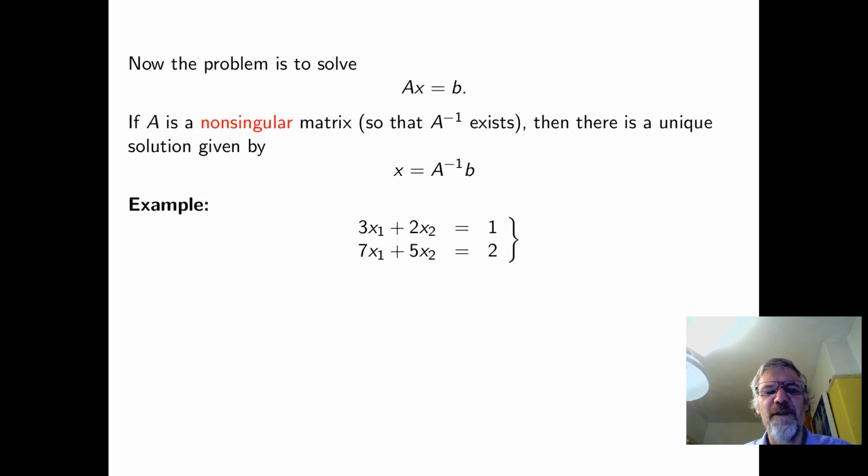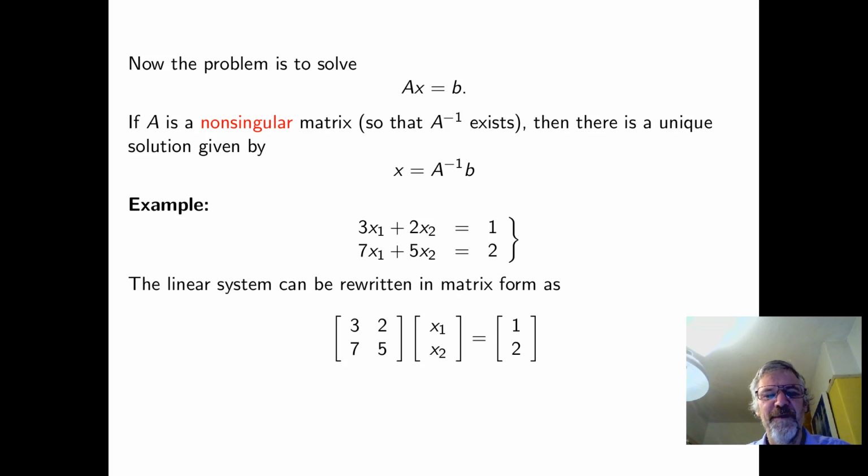So here's a quick example. 3, 2, 7, 5 is our matrix. I'm pretty sure that's non-singular looking at it, because the equations are not multiples of each other. We write down the linear system by just pulling the numbers out and putting them in a matrix.